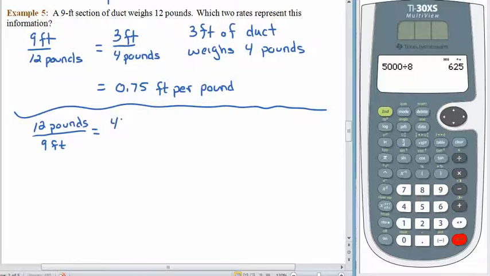We still have a common factor of 3, so we have 4 pounds for every 3 feet of duct. 4 pounds of duct happens to be 3 feet long.